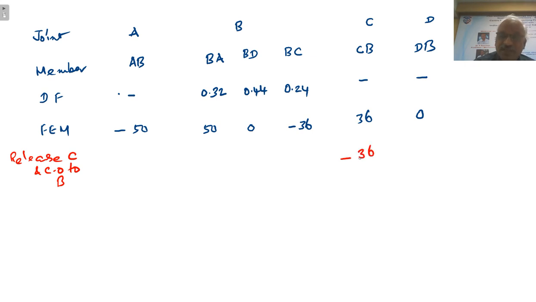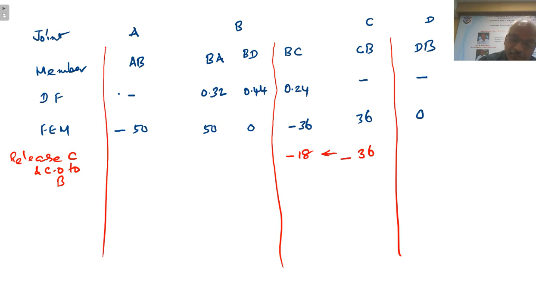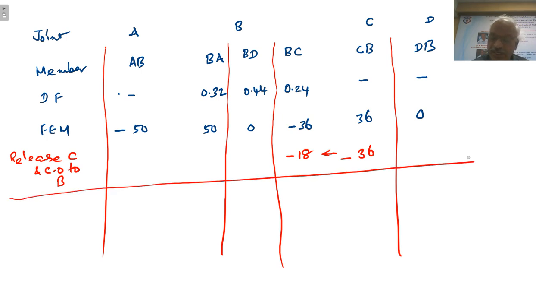When we apply a moment of minus 36 here, there will be a carryover to the opposite end, that value equal to minus 18. Opposite end of the same member, because BC and CB together, AB and BA together, opposite of the same member. So now these will be the initial moments.